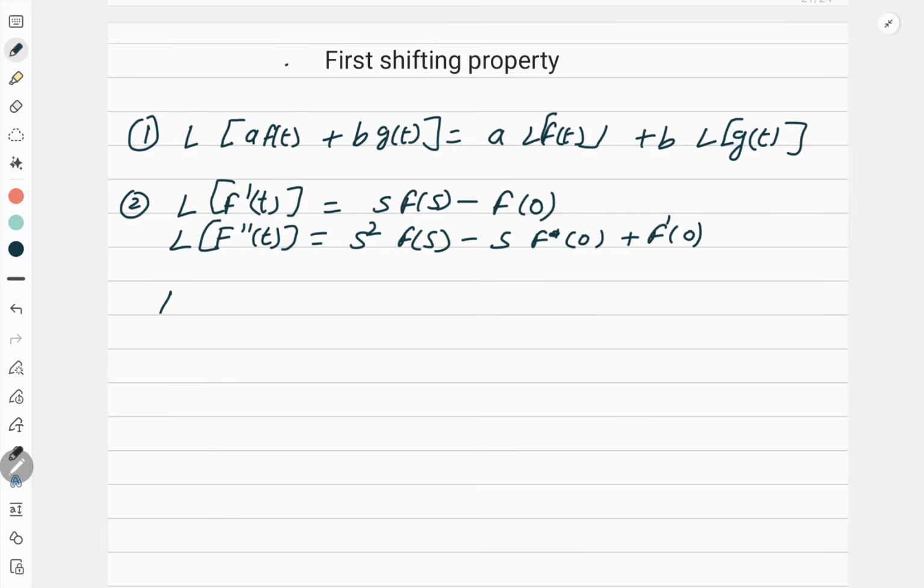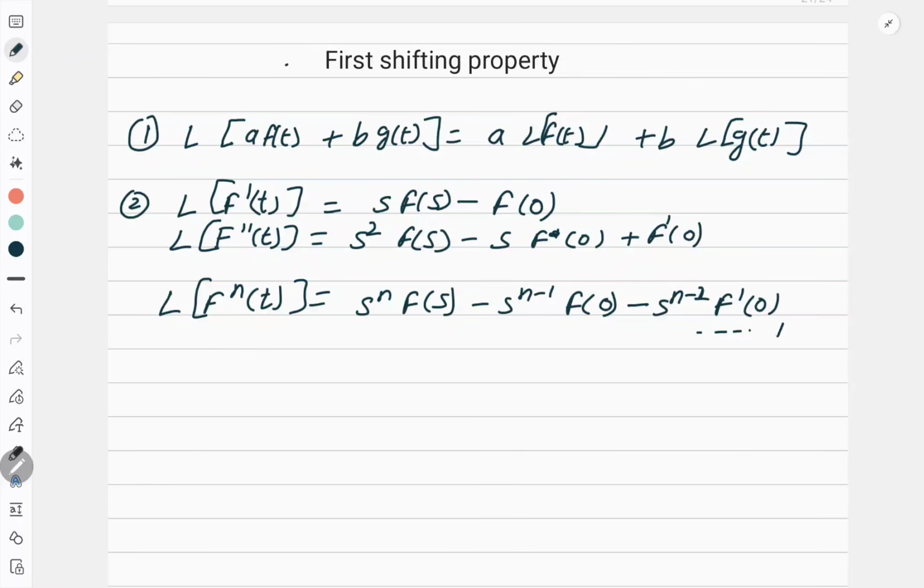In general, the Laplace transform of the nth derivative is equal to s to the power n F(s) minus s to the power n minus 1 f(0), minus s to the power n minus 2 f dash 0, and so on, till you get a constant term which is f to the power n minus 1 of 0. Till the power of s becomes 0, we keep on writing the terms. This is useful when you solve differential equations.